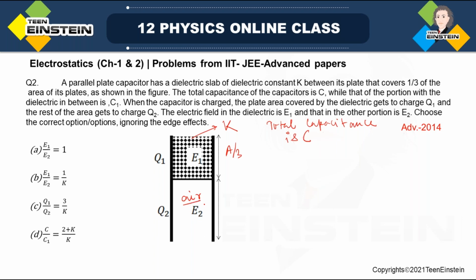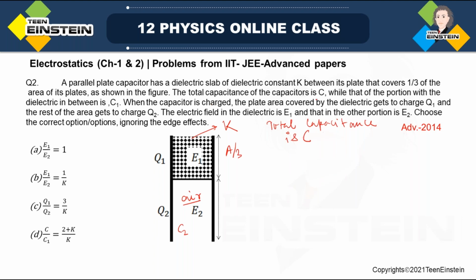Air in this region, and here dielectric material of dielectric constant K is placed. If I say capacitance for this part is C1 and this part is C2, then the total capacitance of this is C. We have to find out.